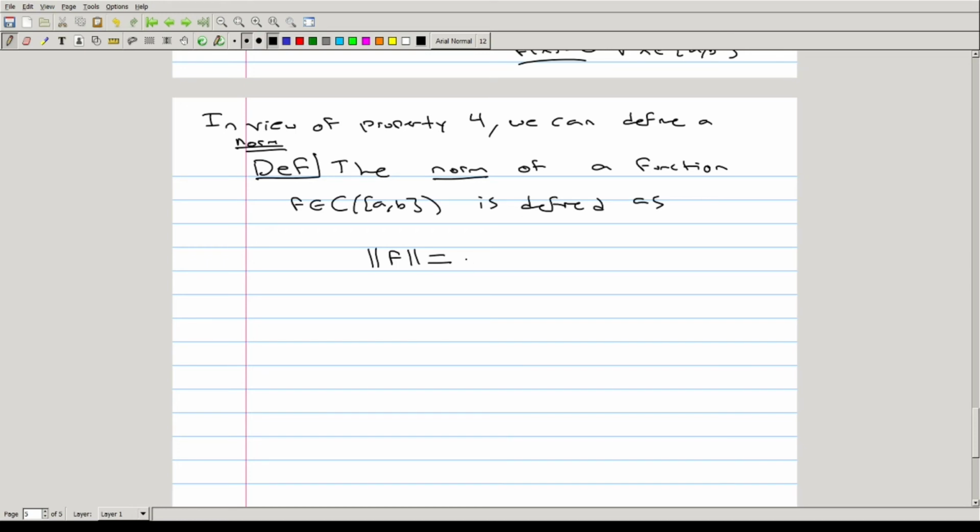We define this as the square root of the inner product of f with itself. Which in terms of an integral is the square root of the integral from a to b of p of x times f of x squared dx.